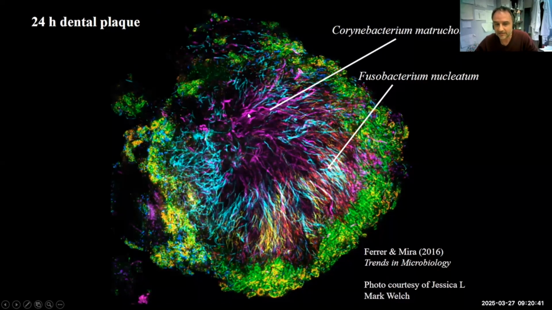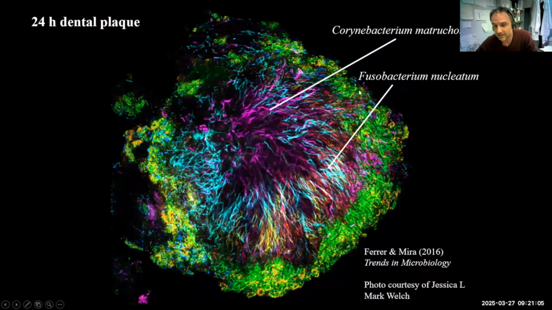It is like the keystone organism in the biofilm architecture. And then at the edges of the filaments, here labeled in green, we have streptococci. So they are actually outside, not close to the bottom, but on the opposite side from what the current model of biofilm formation dictates.